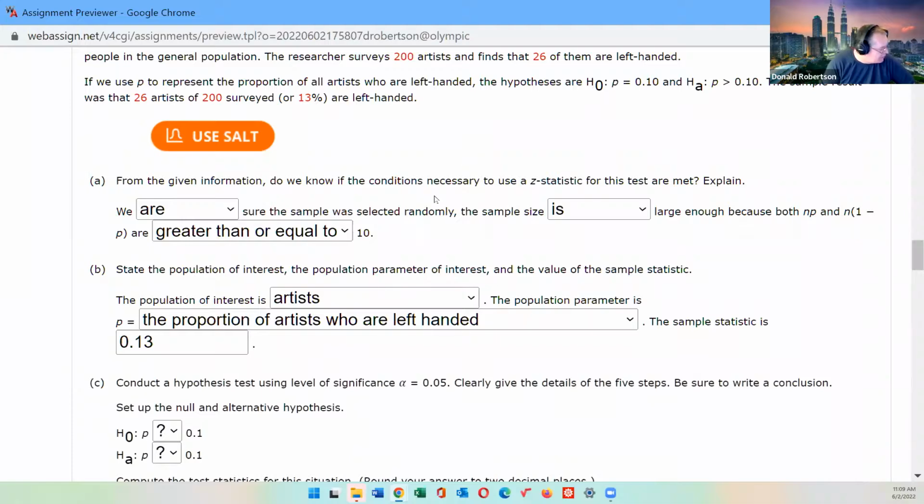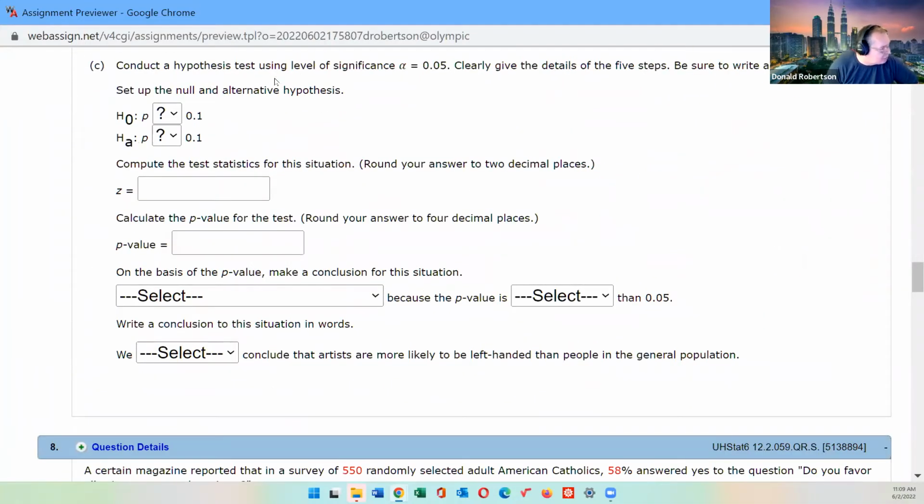Now, conduct a hypothesis test with this significance level. We're going to be using SALT in a minute, but let's get this bit over with. The null hypothesis is always going to be equal to something, in this case 10%. And we think that left-handed people are better than that, so that's greater than.